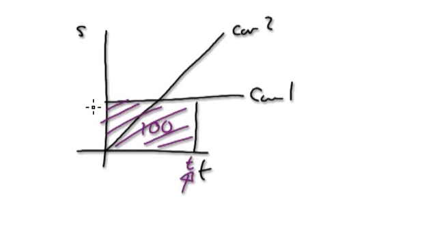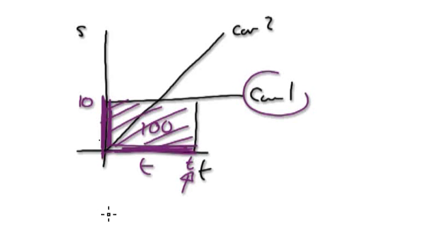Well, this here is 10, because the speed time graph for car 1 is always 10. So basically get this height, times it by t. Well, we don't know what t is yet. So the area underneath here would be 10 times t, so it will be 10t. That will give you the area of the whole thing.